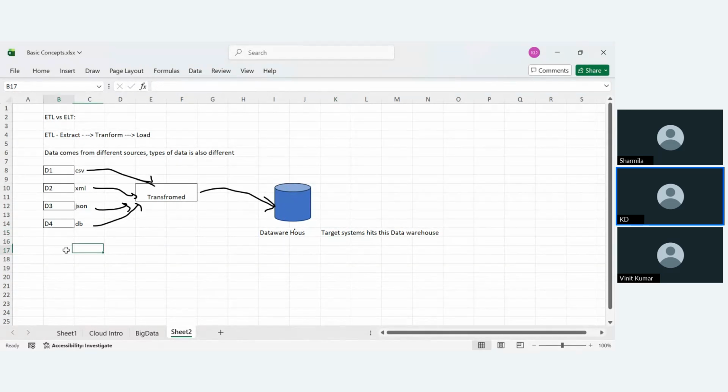So, for example, when I was working in the hotel industry, in hotel reservation, what we used to see was from which source a booking is coming.